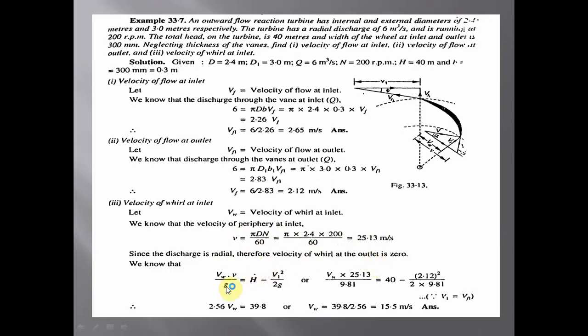We know that Vw u divided by g is equal to H minus V1 squared divided by 2g, or Vw into 25.13 divided by 9.81 is equal to 40 minus 2.12 squared divided by 2 into 9.81. Then because V1 is equal to Vf1, that is 2.12, Vw u is equal to 39.8, or Vw is equal to 39.8 divided by 25.13, that is 1.58 meters per second.